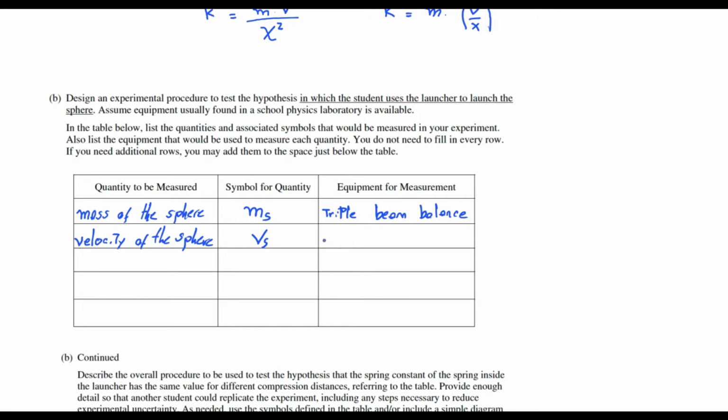And the equipment that will be used is a motion sensor, something that measures how fast things are moving. And lastly, the compression distance. It's represented by x, and a simple ruler will be fine.